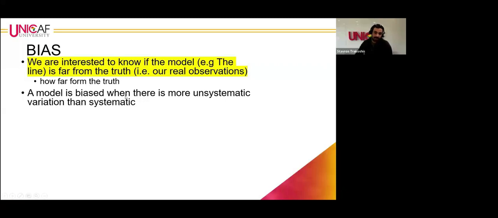When the model is biased, when some characteristics of the model that we are interested in are far from the truth, our observations, we say that there is more unsystematic variation than systematic. So there are other things that play a role in the description of the dependent variable other than what I've measured, so not the independent variable.